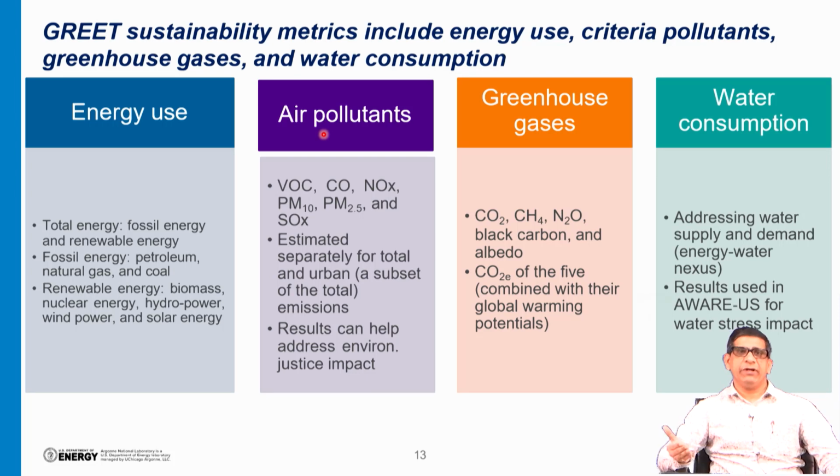Then all the emissions: VOCs, carbon monoxide, NOx, PM10, estimated separately for total and urban, a subset of total emissions. Then greenhouse gases: CO2, methane, N2O, black carbon, and the CO2 equivalent of the five combined with their global warming potential. Then we also look at water, addressing water supply and demand, the energy-water nexus, with results used in AWARE-US for water stress impact as well.